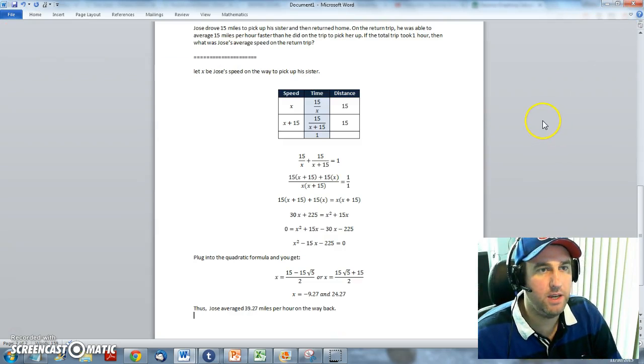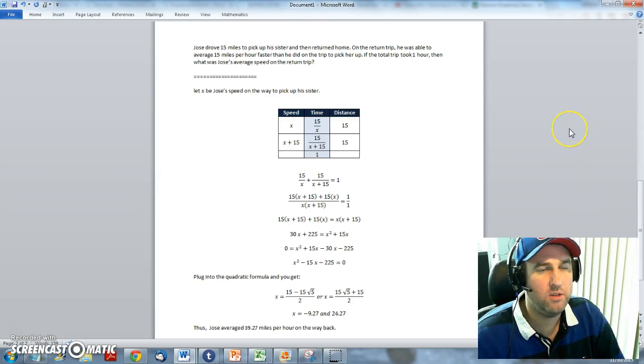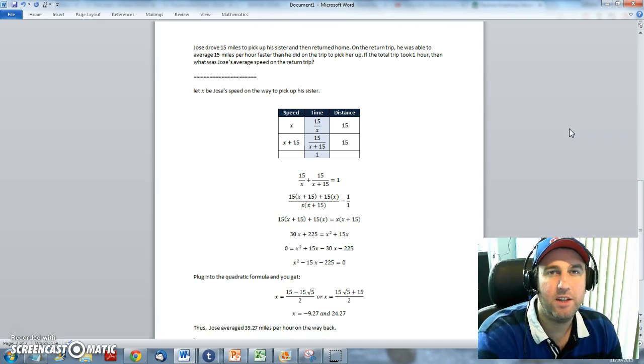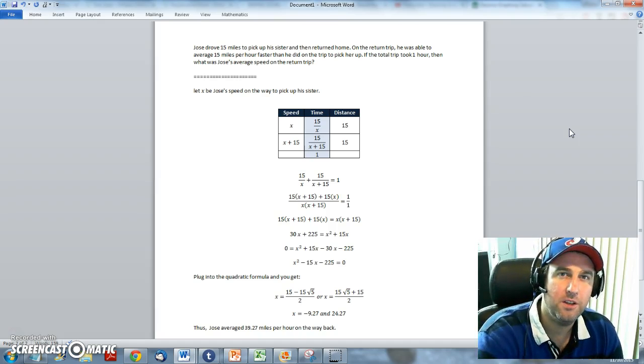So hopefully this made some sense. I know these questions are hard. These are some of the trickiest questions that we get in advanced functions. I kind of like them because they're fun and different, and it's cool to get to use some algebra to solve this stuff. But at the same time, it can be frustrating at first because it's like, how am I supposed to know this stuff?